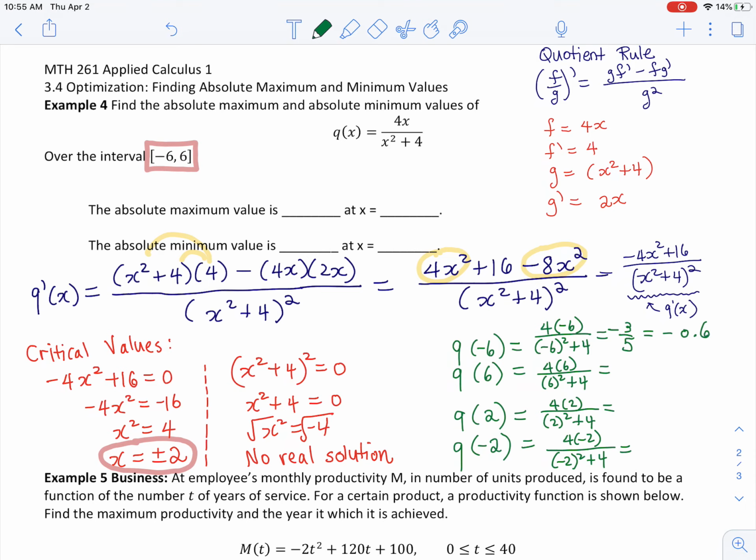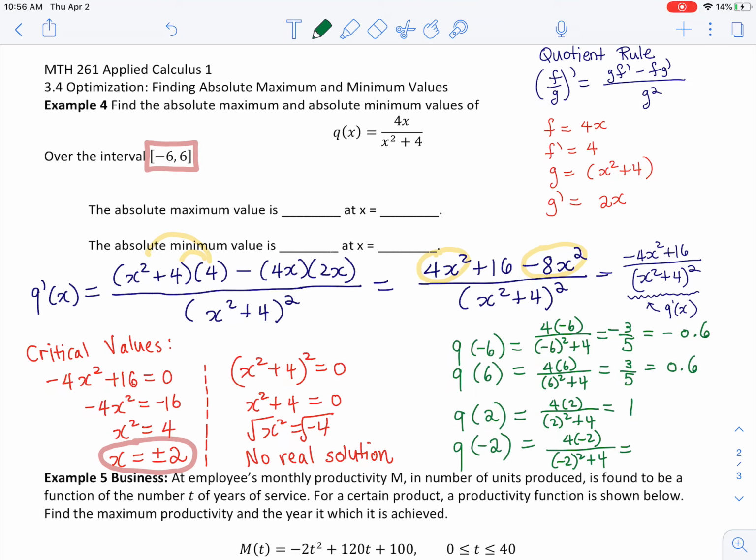And just because it's easier for me to use decimals, I'm also going to write the decimal value because I want to compare these later. That is -0.6. Next one is going to be exactly the same except for the sign. Yes, it's going to be 3 over 5, which is positive 0.6.